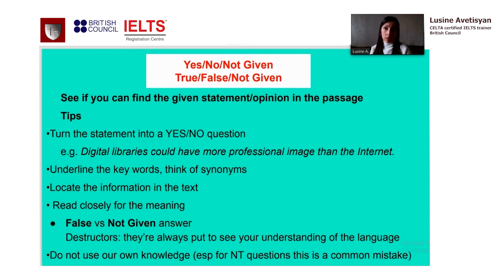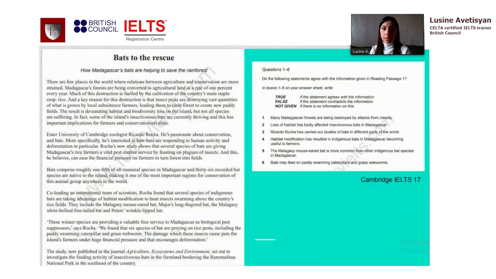So your answer in that case as a no would be wrong, because you should write not given. Maybe it's a no, but there is no mentioning, because your answers should be merely based on the text, on the passage, okay?